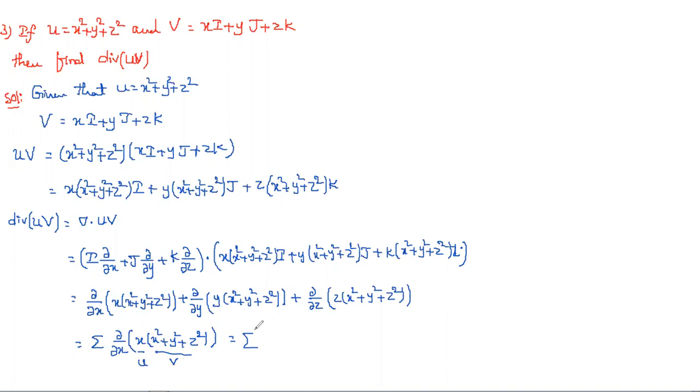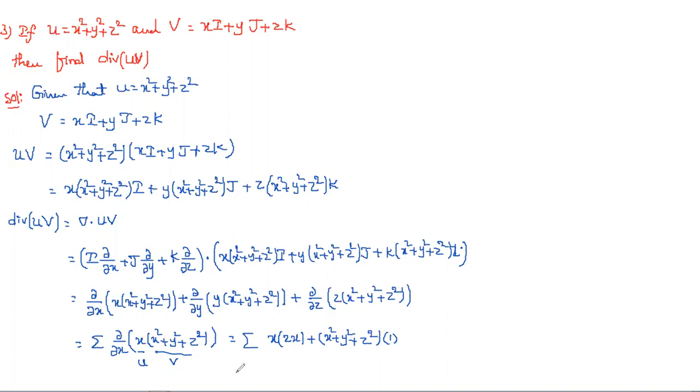And simply what we can write: u into v dash. The derivative of x square is 2x, and the rest of the terms become 0, plus v, which is as it is, x square plus y square plus z square, times the derivative of x, which is 1. That is u v dash plus v u dash.